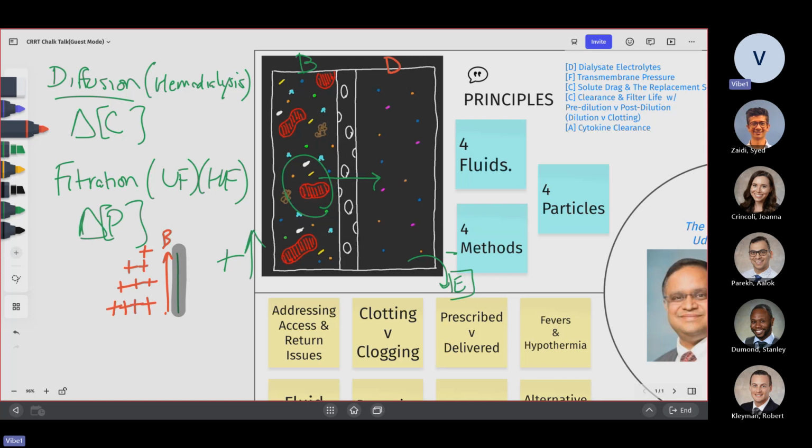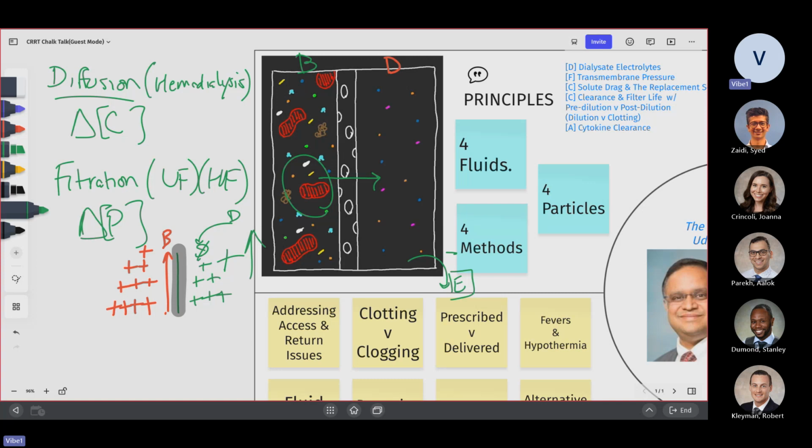The reason you want your dialysate fluid to enter from the other side is that initially it won't have the concentration of particles that the blood has. So when it enters, there are no particles, and because of this concentration gradient, things move over and it starts to build up. No matter where you are along this membrane, particles are always moving from the blood to the dialysate fluid, not the other way around. If you ran both in the same direction, it would start off at zero, and as this progresses the concentration gradient would be much less, and thereby it would be ineffective.